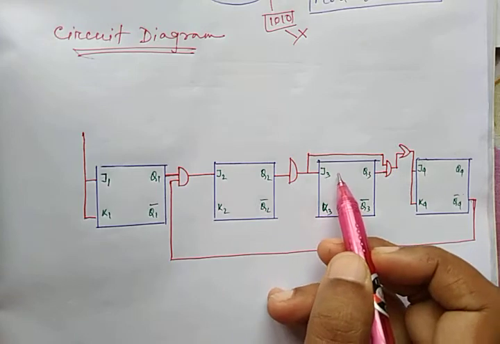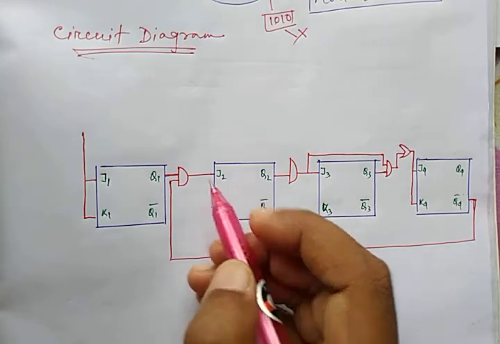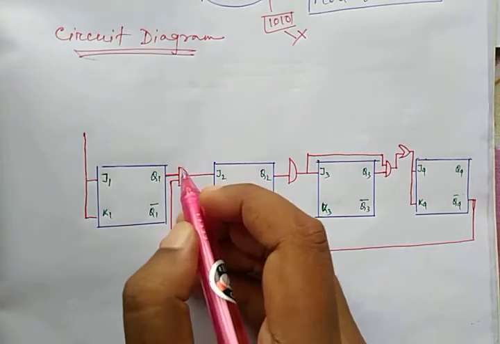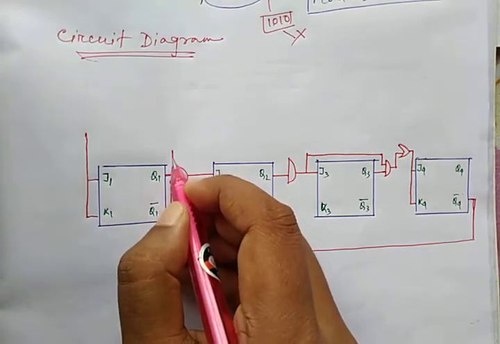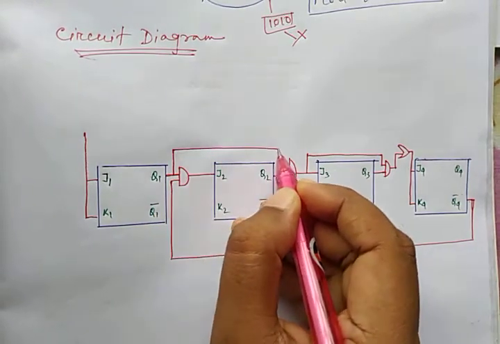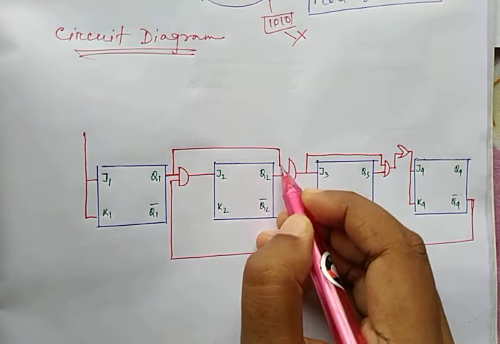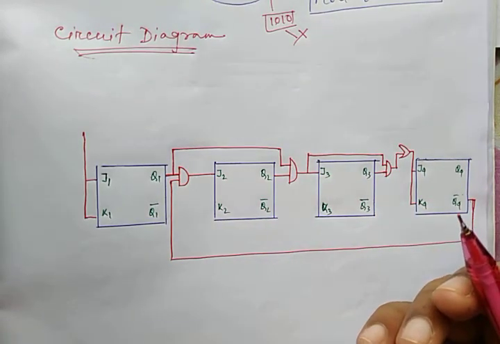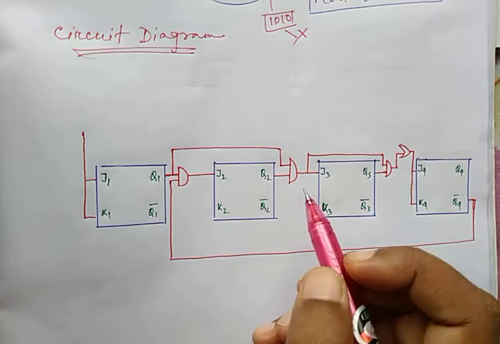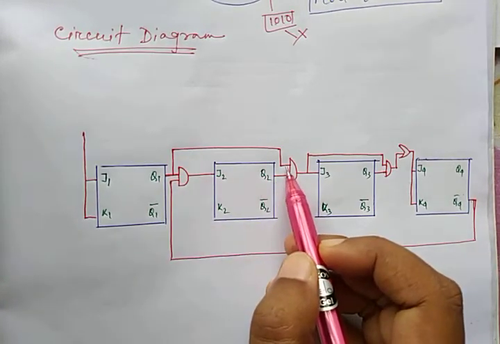And for the third flip-flop, that is J3 and K3, the input is the AND operation of Q1 and Q2.